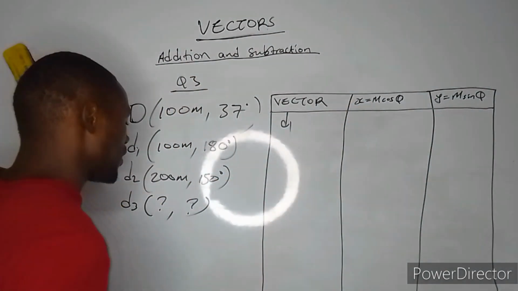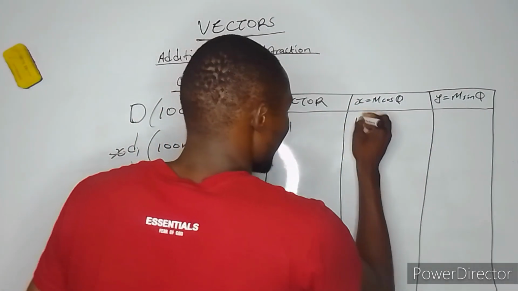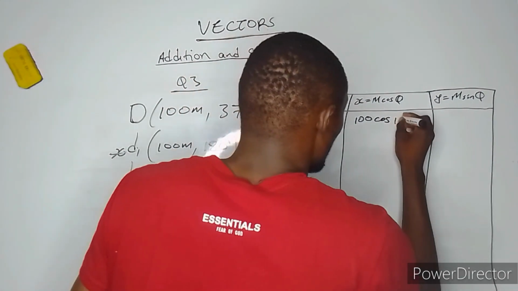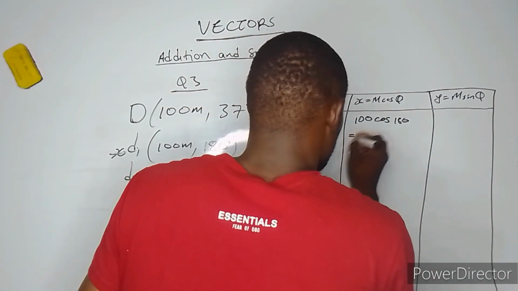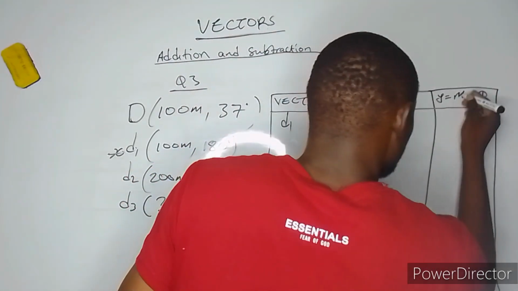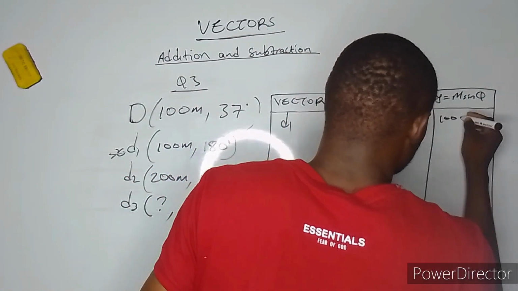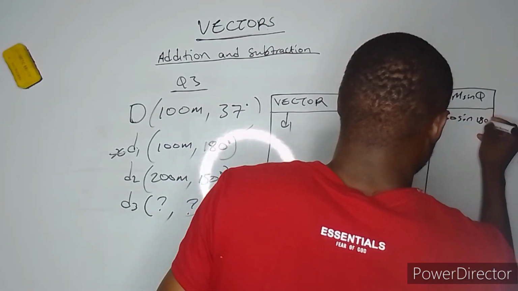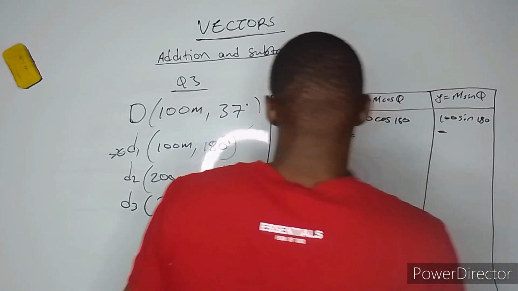Therefore, in the x component we'll say this is 100 cos 180, and we'll find the answer here. Then on the y-axis, it will be 100 sin 180. We'll find the answer here.